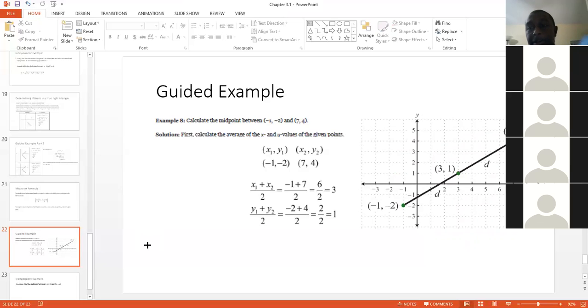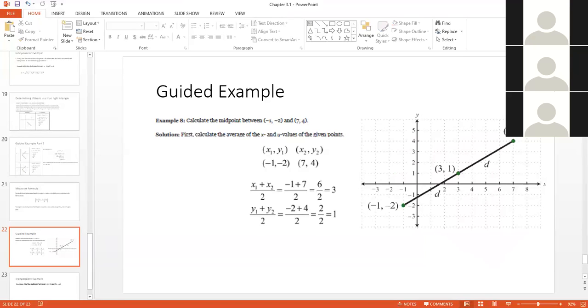Did this make sense? Calculating the midpoint of 2 points of a line segment. Thumbs up, thumbs down. You're gonna do an independent practice, so I want to make sure. Yes, no, maybe so.